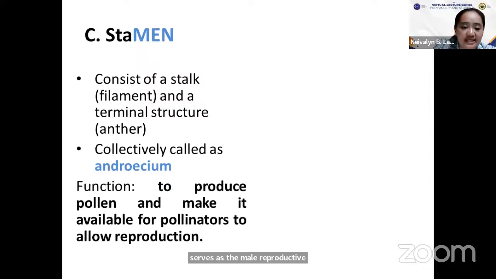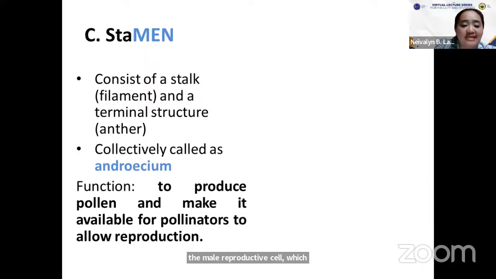Since it's the male reproductive part, the function of the stamen is to produce pollen and make it available for pollinators to allow reproduction. The pollen contains the male reproductive cell, which is the sperm.